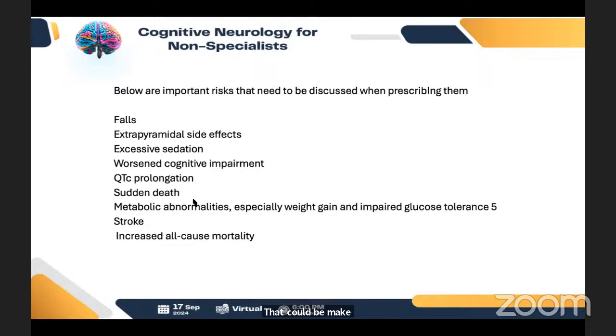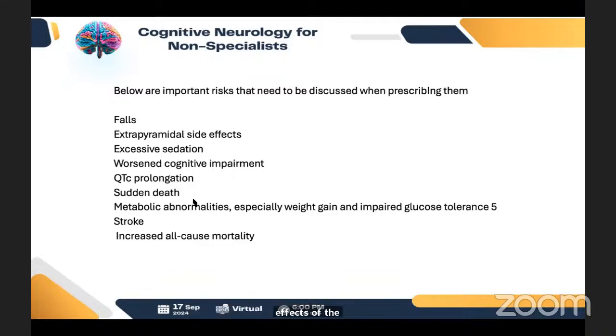A common side effect of the third generation antipsychotic, brexpiprazole or Rexulti, is akathisia, the persistent need of moving around, which could make you think that this medication might not be working, when probably this is only a side effect of the medication. If you treat it, you can have other beneficial effects of the medication.